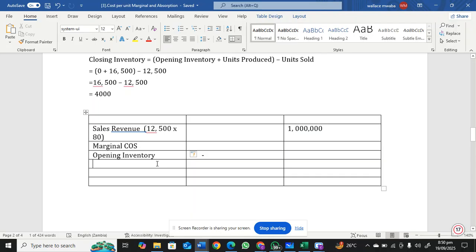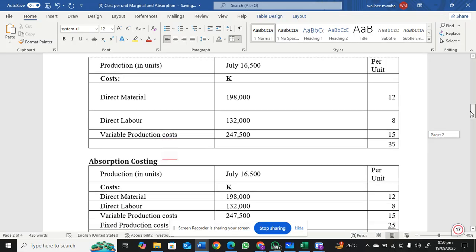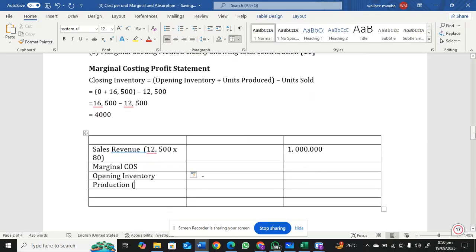Next item that comes in is production. We produced, how many did we produce? Produced 16,500 units.